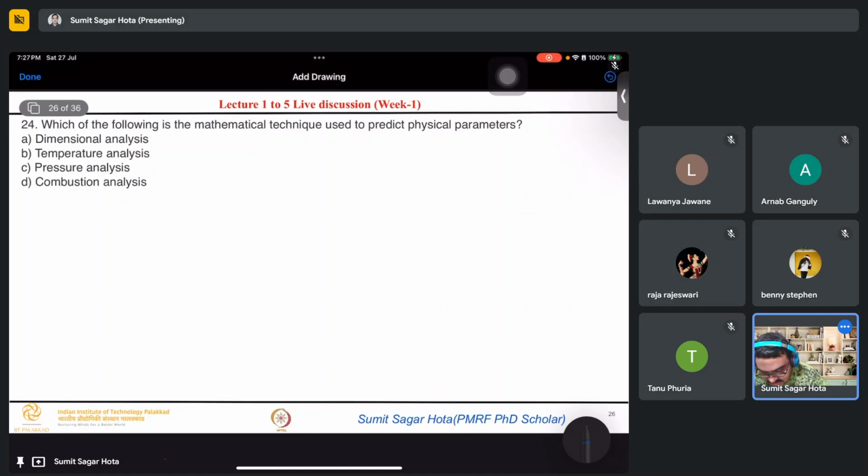Okay, mathematical technique, that's the important statement. This is a mathematical technique which helps to predict the physical parameters, like temperature, pressure, all these things. Okay, and it's a mathematical technique. So temperature, there is no such kind of analysis. Pressure, combustion, nothing like that. Dimensional analysis is the correct one.